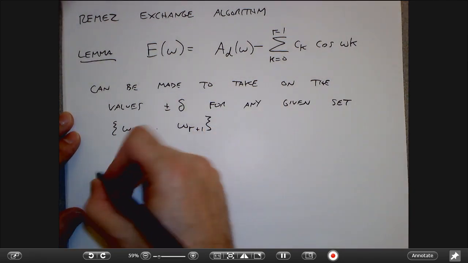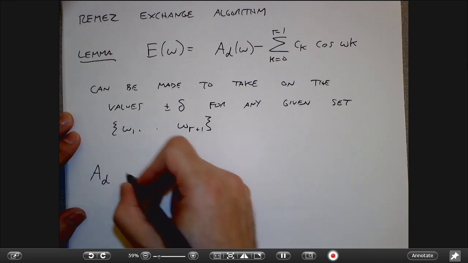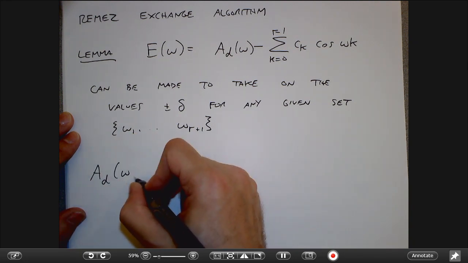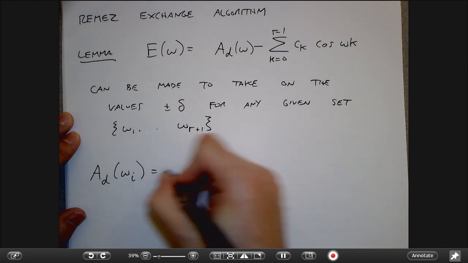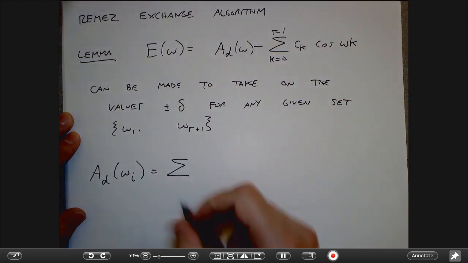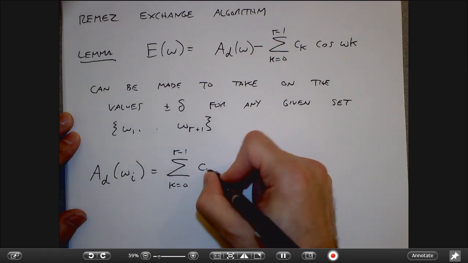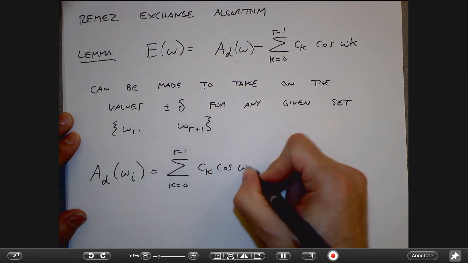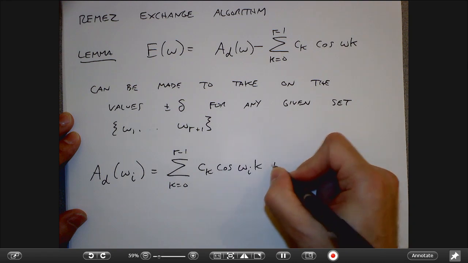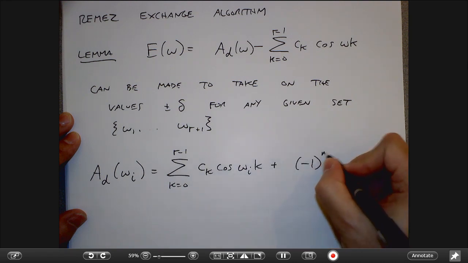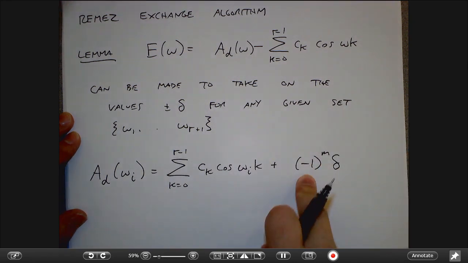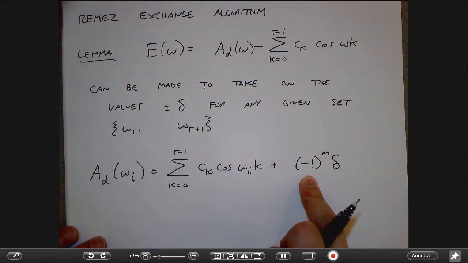That is, I can say that my desired amplitude at these frequencies is equal to the actual thing that I got, which is my sum of cosines, plus this error, which is bouncing back and forth between positive delta and minus delta.